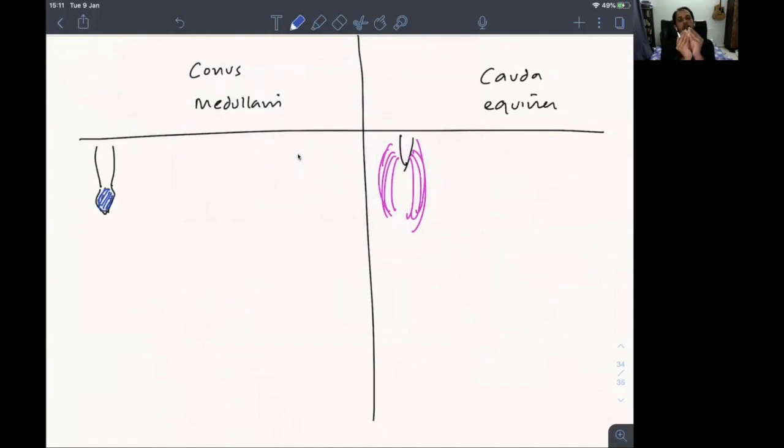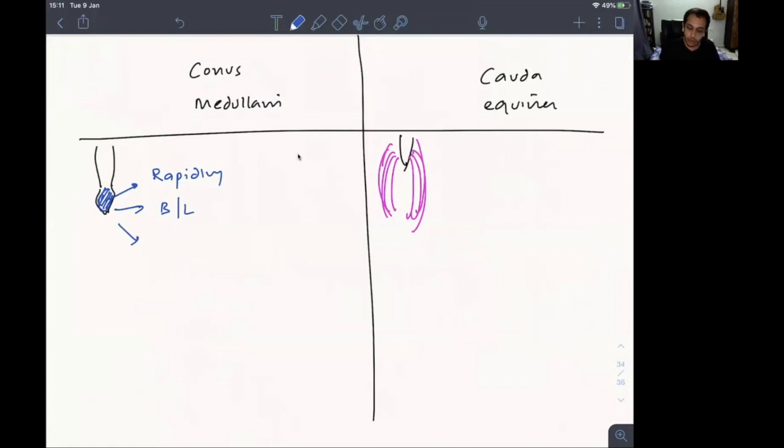So there is a small space in which there is a bulb-like protrusion. So if there is a lesion here, it is more likely to be rapidly involved. Because it is a small space, it will not take much time for it to get involved completely. If it gets involved, it will involve bilaterally because again, it is a small space.